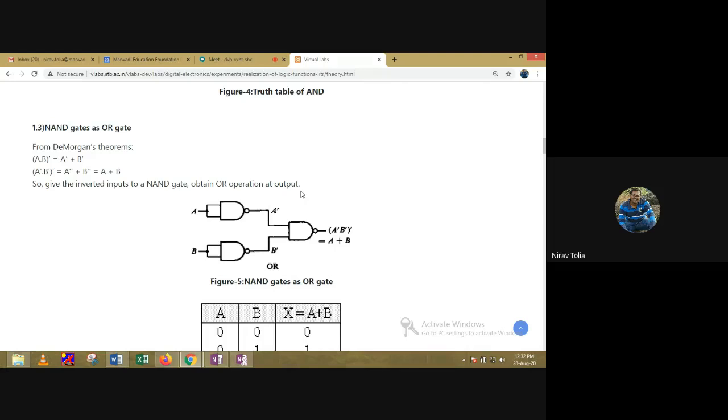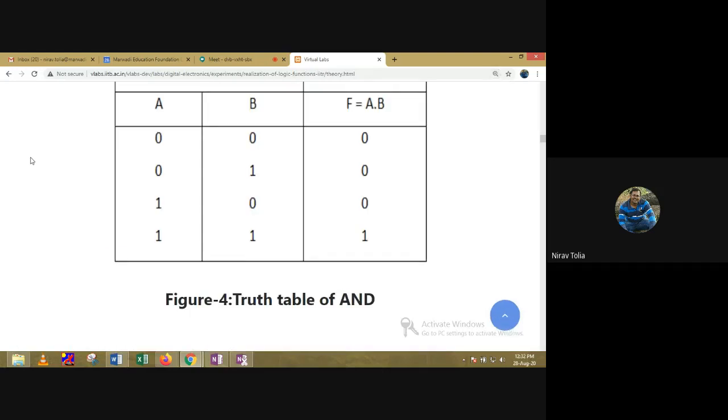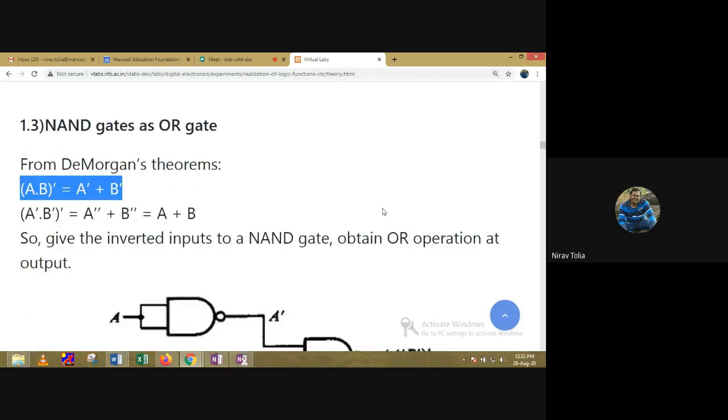Again, you can see here (AB) bar, which is highlighted; it is De Morgan's theorem. Let me zoom in.